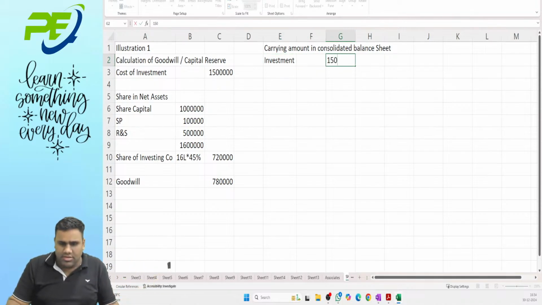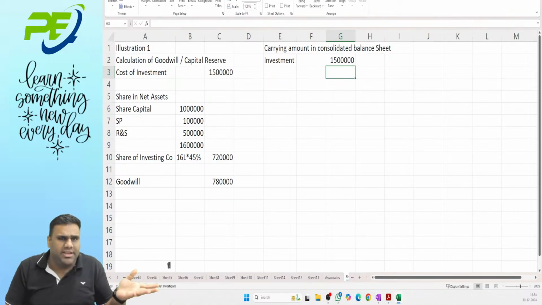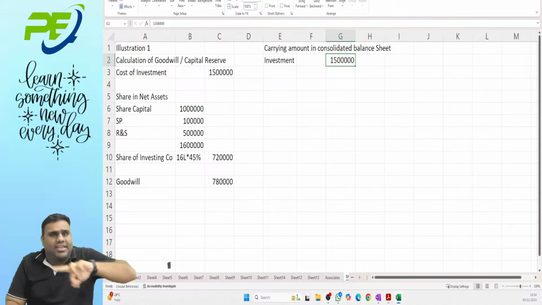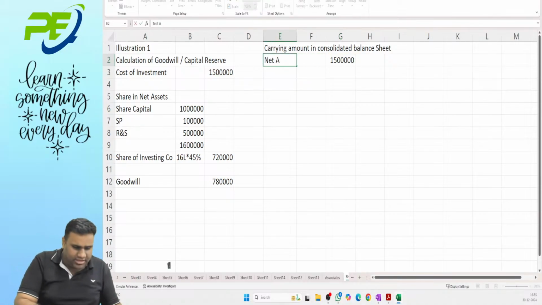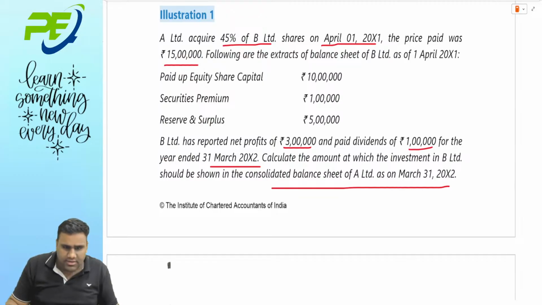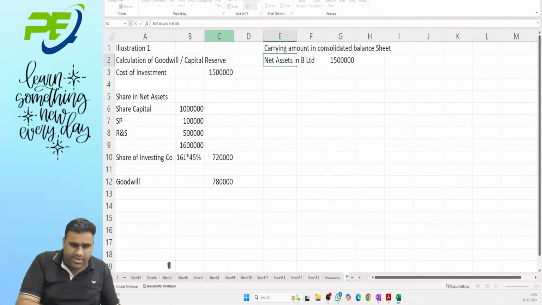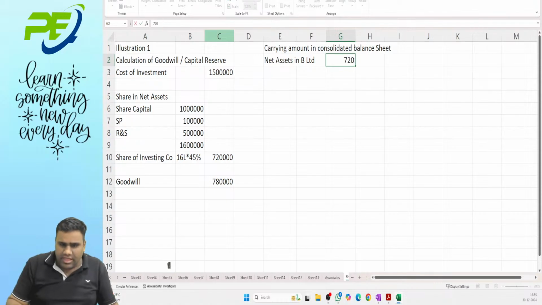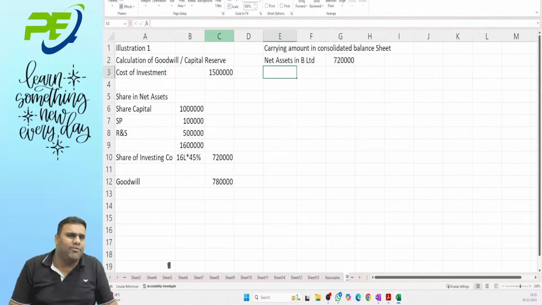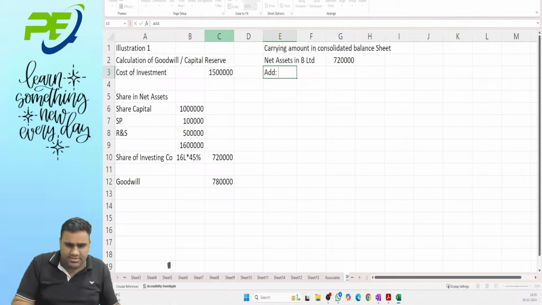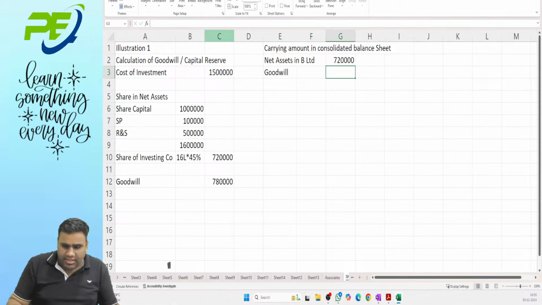So should I write 15 lakhs investment? No, you cannot write this. You have to write net assets in B Limited, 7 lakh 20, and goodwill, 7 lakh 80.